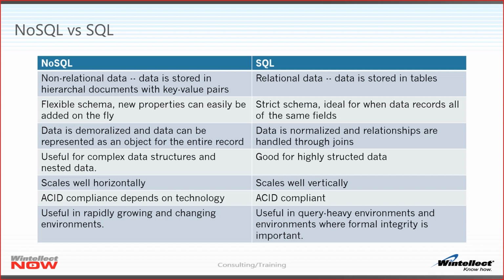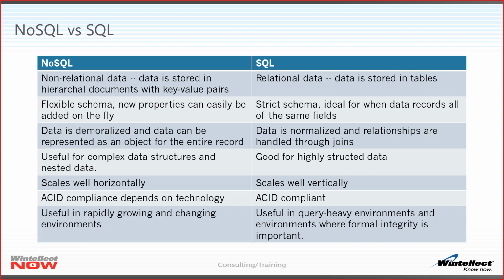It's just a different paradigm. NoSQL has a flexible schema. The properties can easily be added on the fly. SQL typically has a strict schema, so you're bound to the schemas of the table, and it's ideally for data where the records all have the same fields. NoSQL gives you a great deal of flexibility, while SQL makes you use the schemas that are written to the tables.